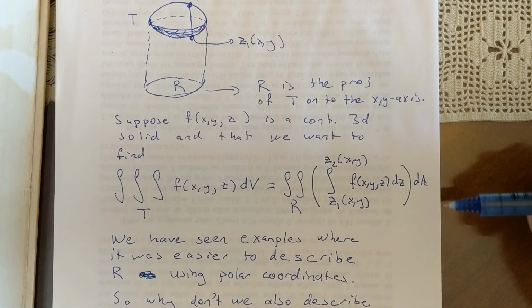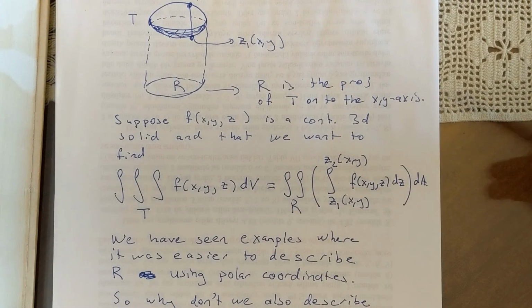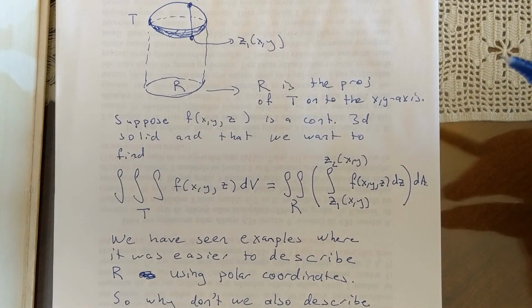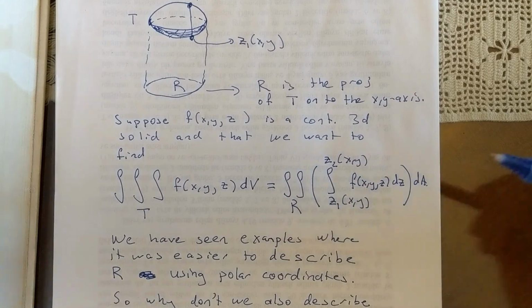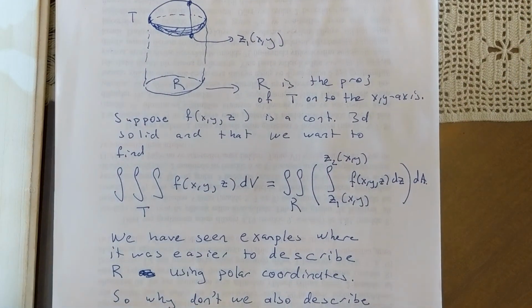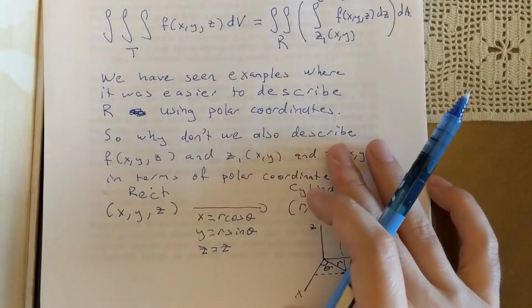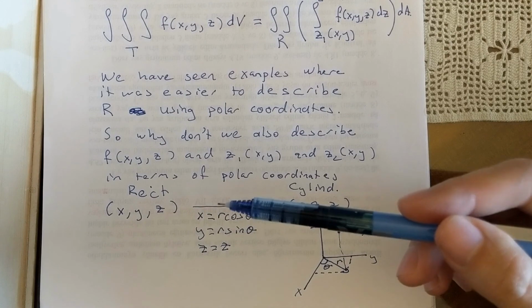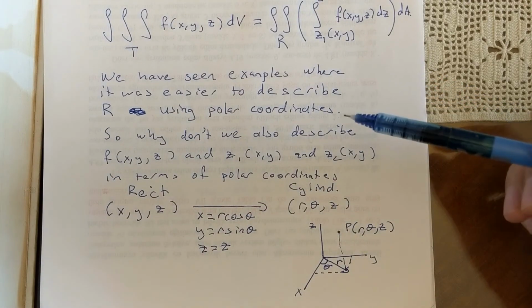The idea with cylindrical coordinates is, before we get to that step, let's set it up so that we can go straight to this step and then the polar substitution. That's called cylindrical coordinates. In polar coordinates we represented points on the plane.